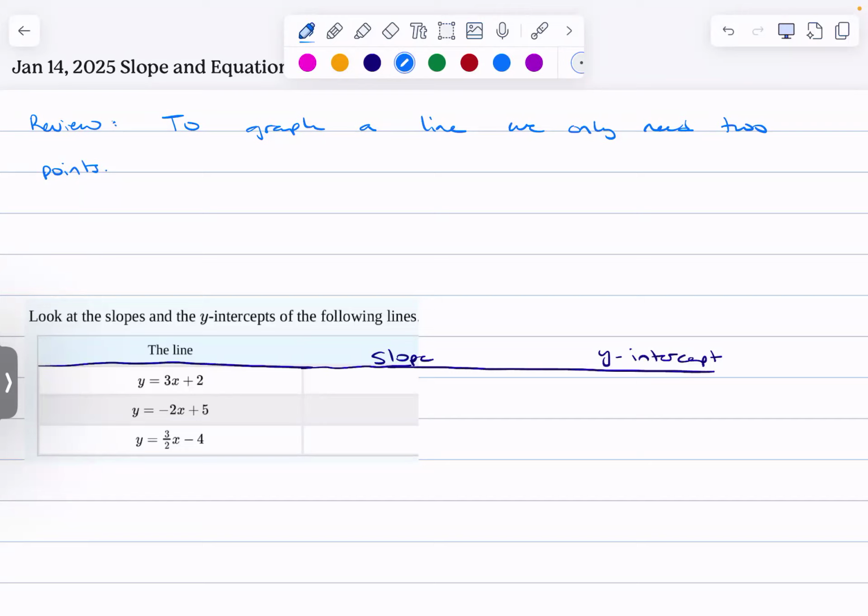What else do we only need 2 points for? We only need 2 points in order to find the slope of the line, right? So to find the slope of a line, we only need 2 points on the line.